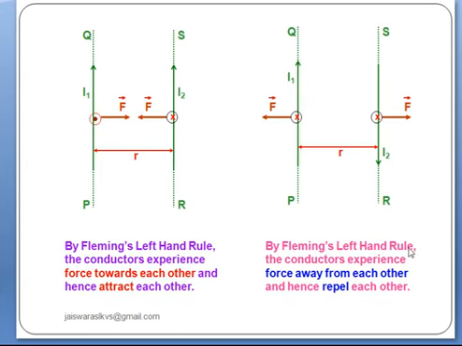So by Fleming's left hand rule, the conductors experience force away from each other and hence there will be a force of repulsion. तो case number 2 से हम ये conclusion निकाल सकते हैं कि whenever there is an opposite direction of flow of current in parallel current carrying conductors, then both the parallel current carrying conductors experience a force of repulsion and they tend to move away from each other.